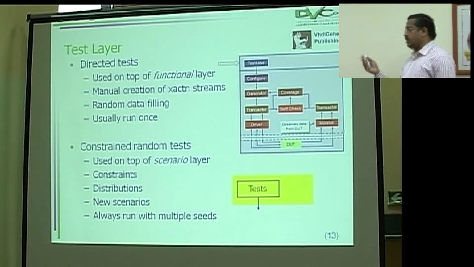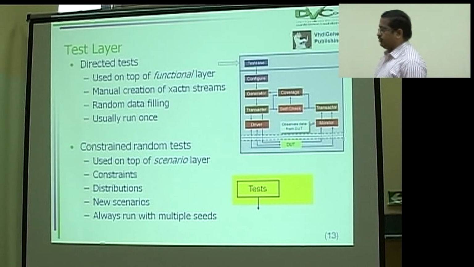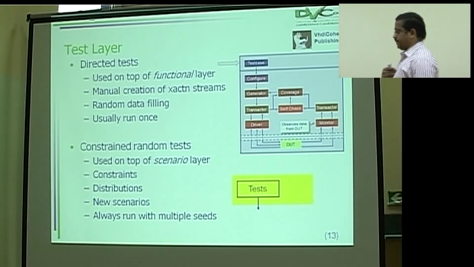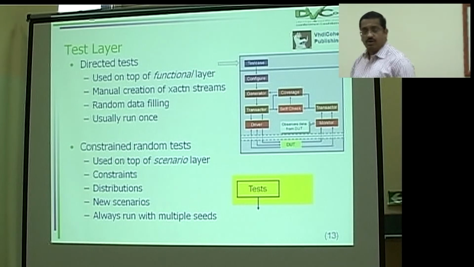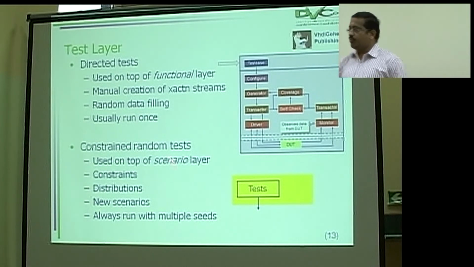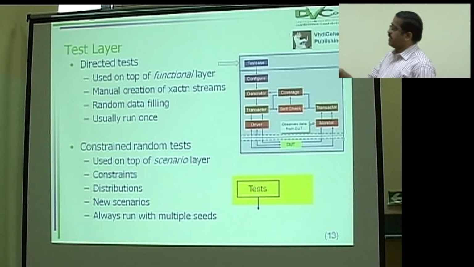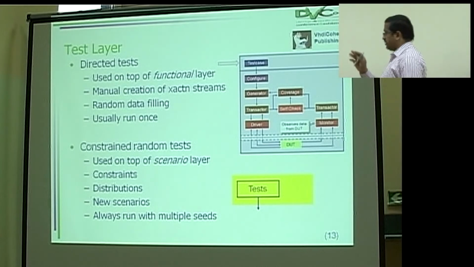Call it compile time, call it lab time, call it runtime, that's up to the tool. From a user perspective, I want to launch the same test with different seeds. It's a very fundamental requirement in constraint random simulation. The less performance overhead you add between one run and another run with a different seed, the better it is for the user.